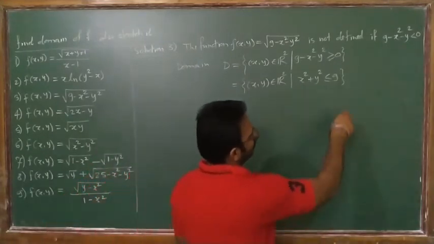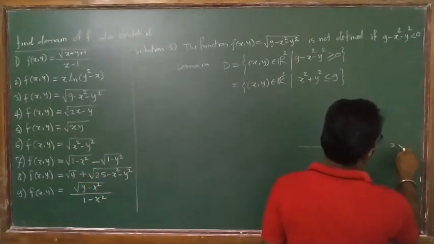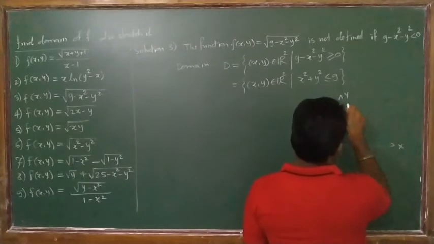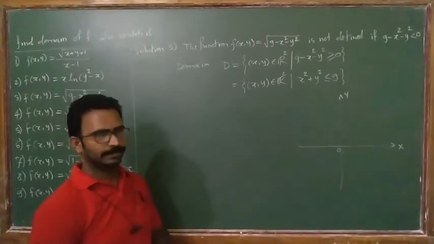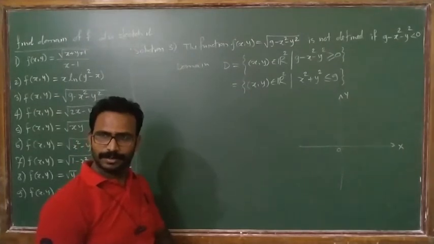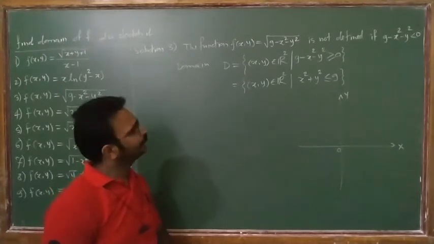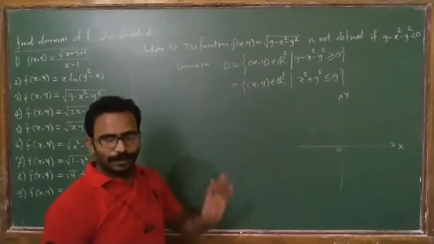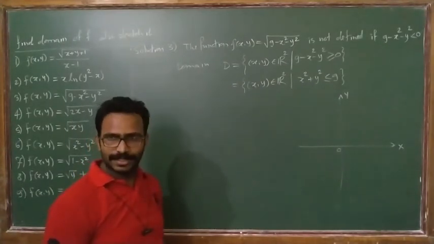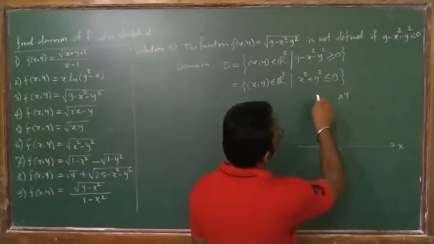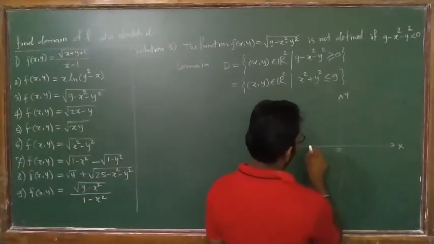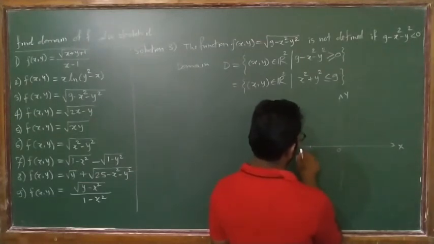Try to draw this. So what should be the picture? What should be the region of domain D? The collection of points xy such that x square plus y square is less or equal to 9. So x square plus y square equal to 9 would be the circle of radius 3.